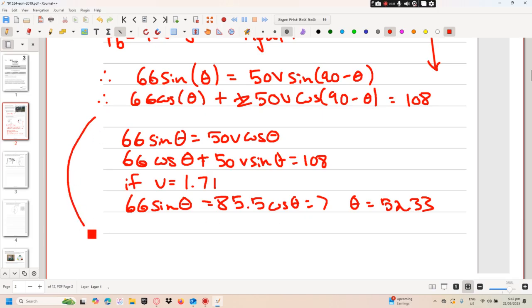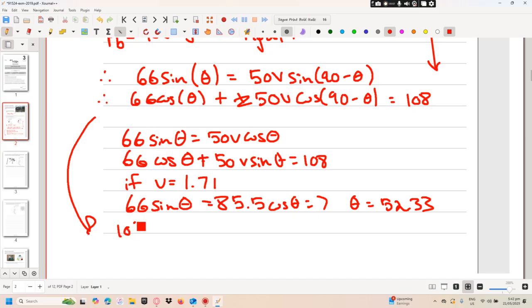From this we would have 66 cos 52.33 plus 50 times 1.71 cosine of 90 minus 52.33.